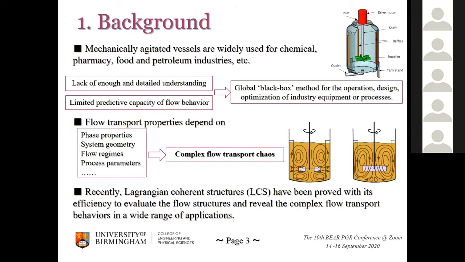As we all know, mechanically agitated vessels are widely used in the chemical, pharmacy, food, and petroleum industries. It's a very popular device for industry. But now the problem is that, because of the lack of enough and detailed understanding of multi-phase flow, we have a limited predictive capacity of flow behavior.